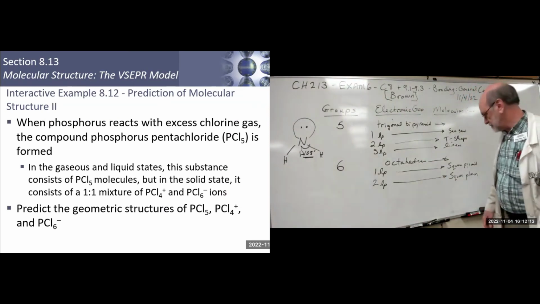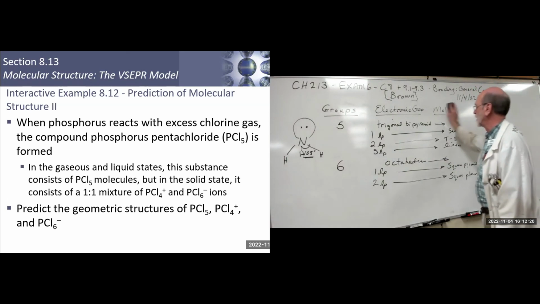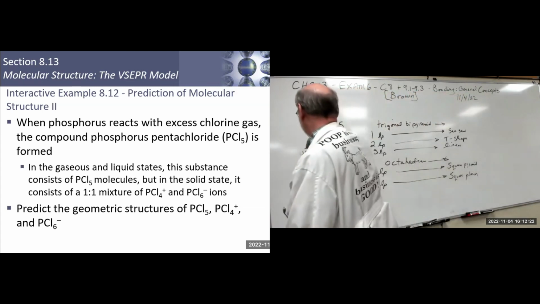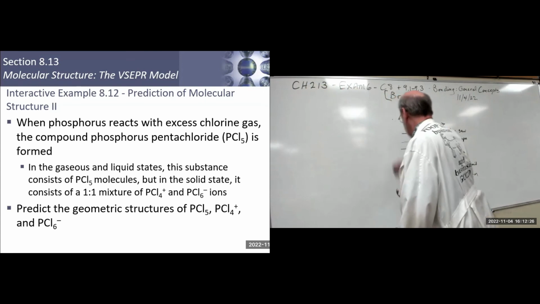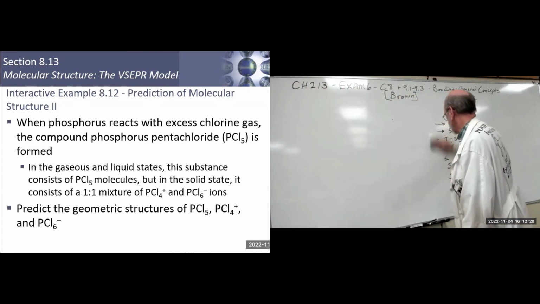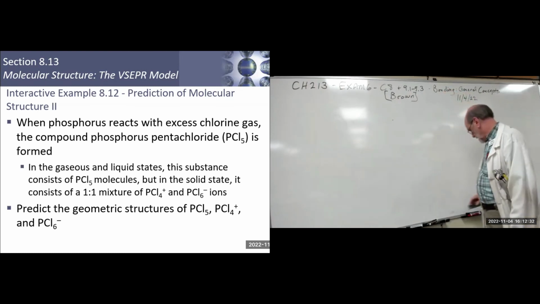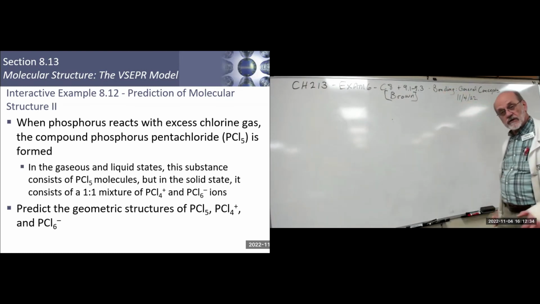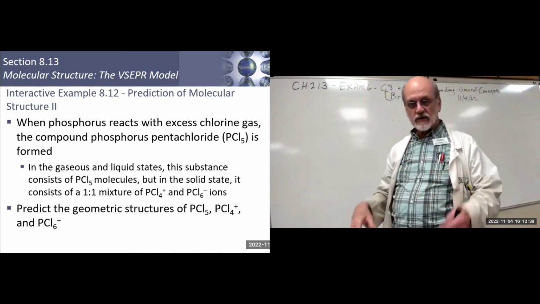The octahedron, it's obviously more complex than we want to deal with in this course. But the sequence of events is draw your Lewis dot structure, then do the VSEPR and determine the electronic structure, then cover the lone pairs and see what's left for your molecular geometry.